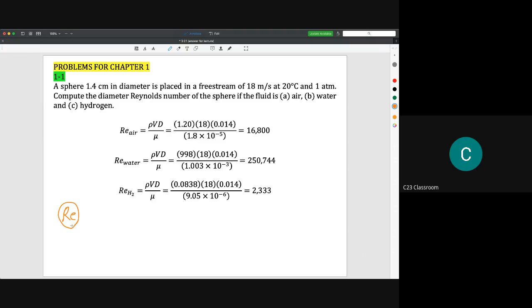For example, for the Reynolds number here, in this situation, you will use rho VD over mu. But sometimes in other applications, you need to use rho V L over mu, and also rho V hydraulic radius over mu. So it depends on the situation, and the limit of the Reynolds number changes depending on the situation.